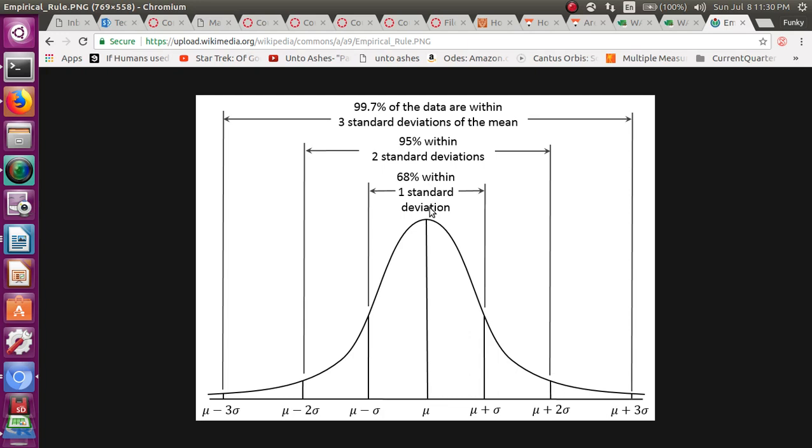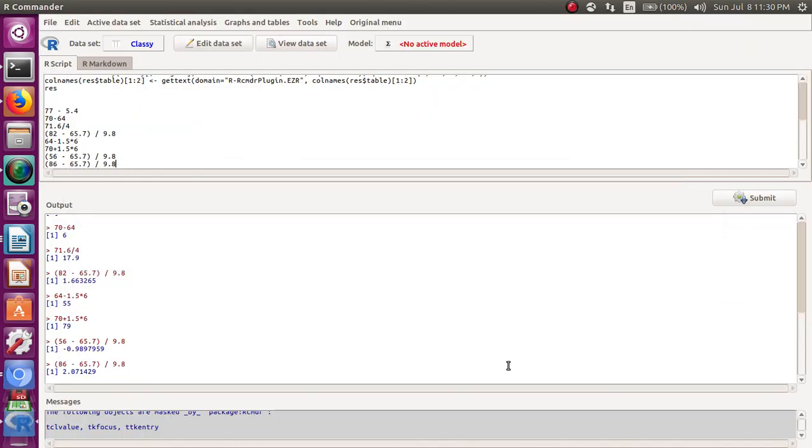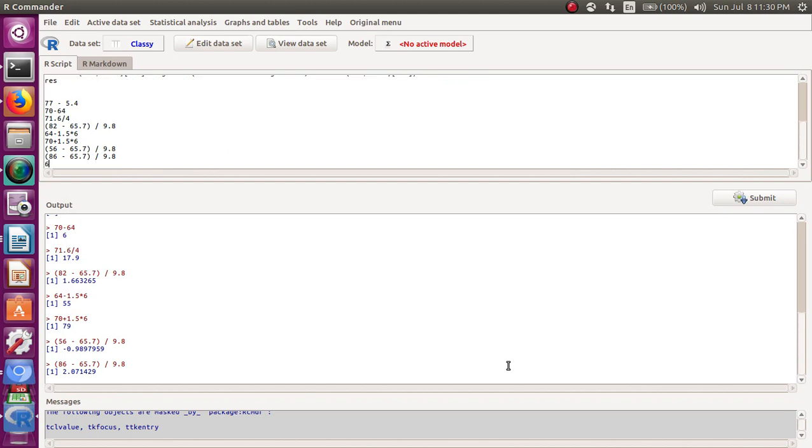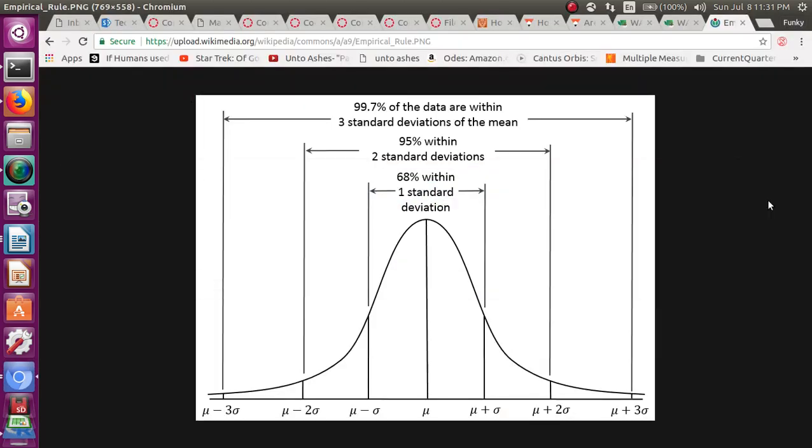Half of 95 is 47.5. So essentially what I'm doing is half of 68 plus half of 95. That's what I'll do. 68 over 2 plus 95 over 2. And that gives me 81.5.